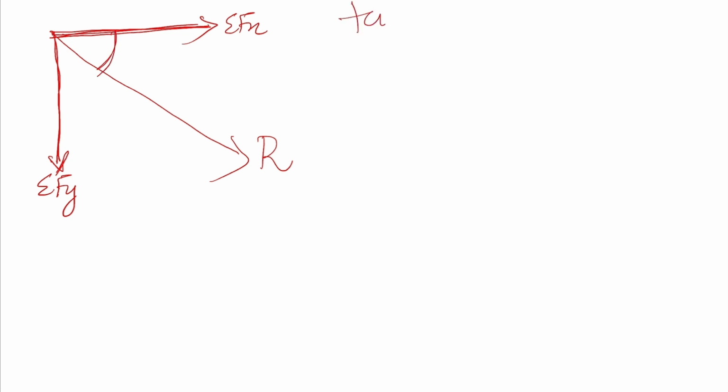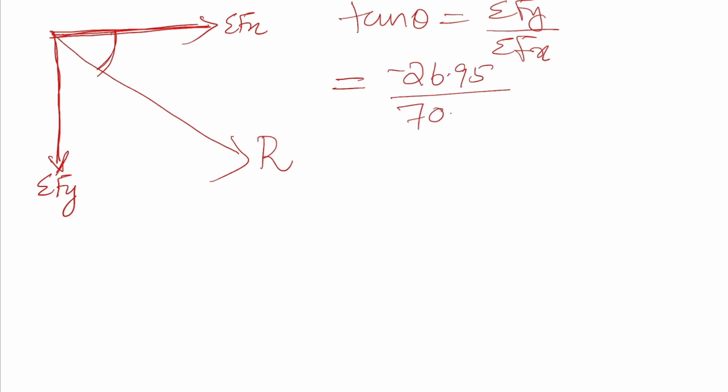For that we use the equation tan theta is equal to sigma Fy by sigma Fx, which is equal to minus 26.95 divided by 70.34, which is equal to minus 20.96 degrees. That is, this value is 20.96 degrees, minus, so it is in the clockwise direction with the positive x-axis.